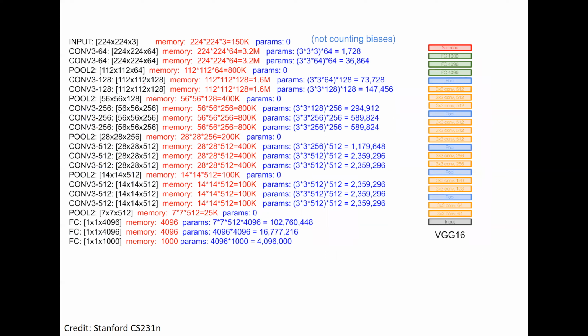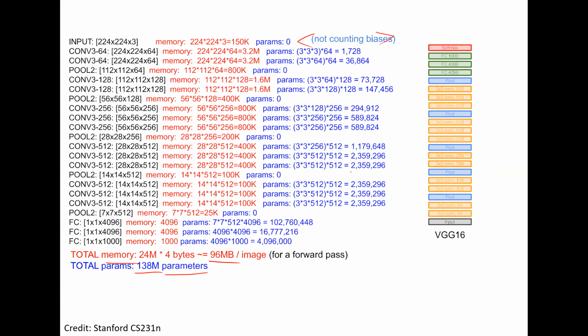Okay, and this is how the input changes over these layers. And as you can see, the total memory is around 96 megabytes. And it uses a total of 138 million parameters. And we do not count biases here.